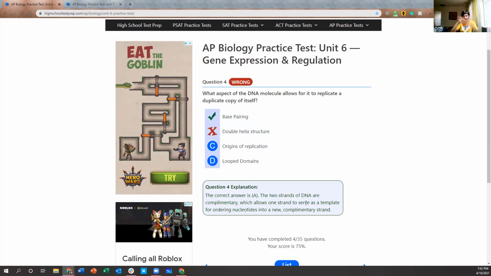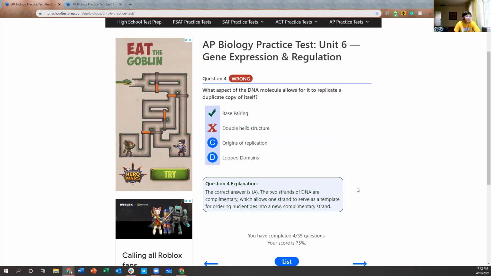There's a complementary rule, so if I know what one base is, I automatically know what the other base has to be. Double helix structure kind of makes sense, but it's not the best answer here, because it's not the helix structure itself that lets it replicate. It's the fact that there's base pairing. That makes more sense.